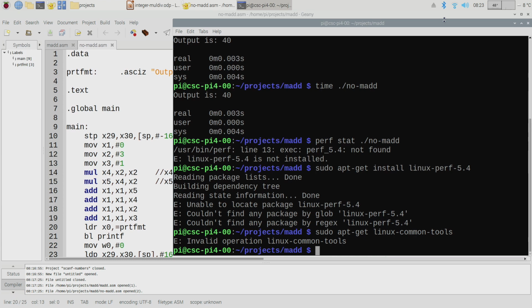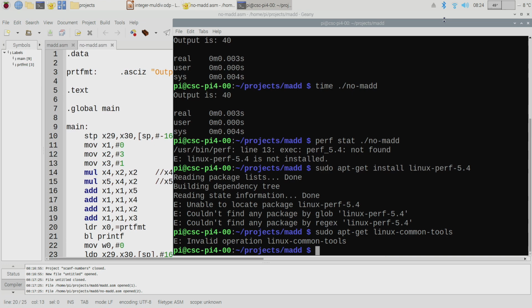Now, I wrote this code on my laptop, which is running x86 Linux, and I'm emulating the ARM executable. So I can't use perf, because I wouldn't be measuring just my code. I'd be measuring how fast it takes to run emulated code, which is not the same thing.